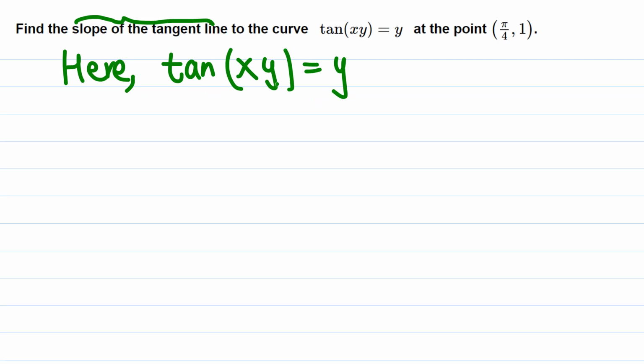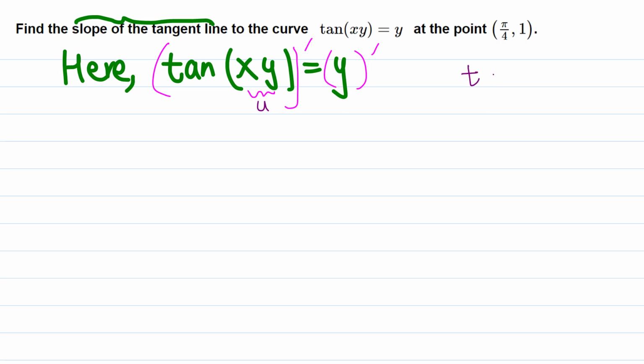Since we cannot isolate y, we use implicit differentiation. That means we need to take the derivative of both sides with respect to x. On the left hand side we got tangent of something, let's say u. So it looks like tangent of u.